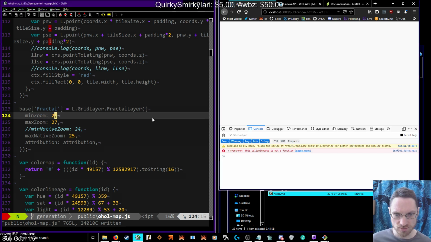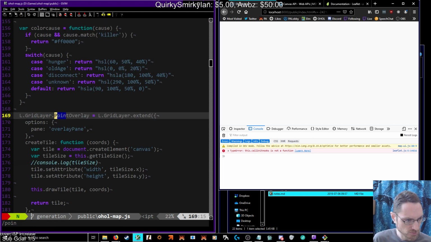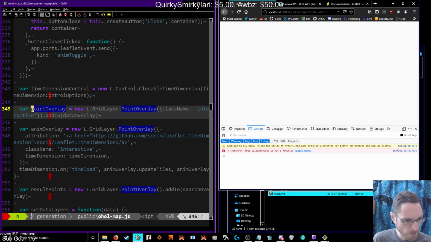Call init hooks is not a function. Okay, well, where is our point layer? Point overlay. It gets a class name. It's just a new. And then you get a different attribution class name and time dimension.